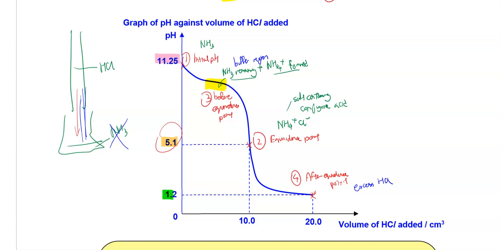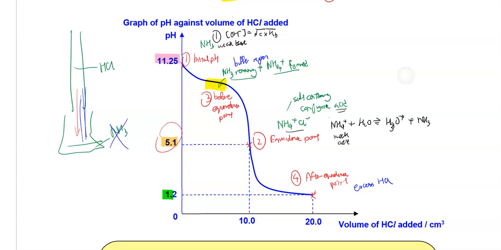So, a quick run through of the equations. We're going to use black to annotate the formulas. For point number 1, because it's a weak base, the formula to use is OH- equals square root of C times Kb. For point number 2, because it contains a conjugate acid, NH4+ will dissociate with H2O like a weak acid to form H3O+ and NH3.